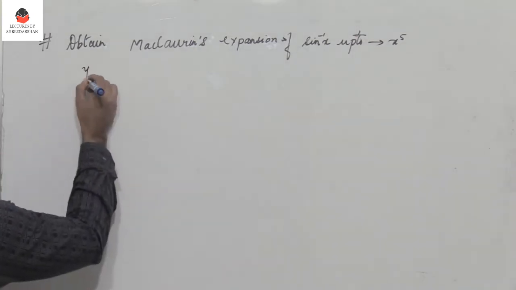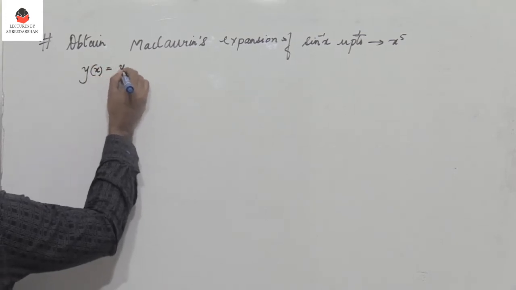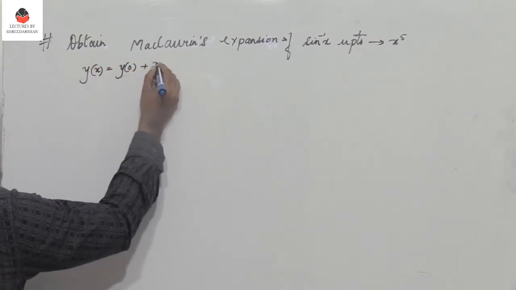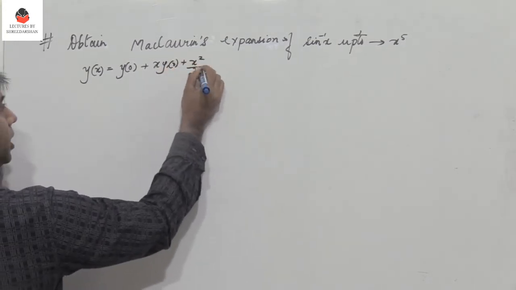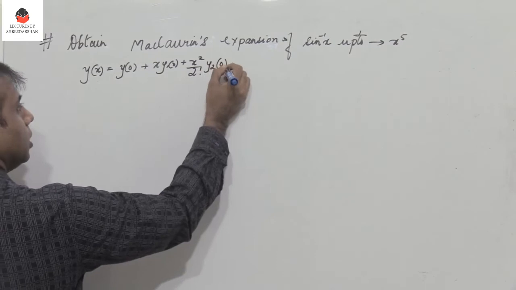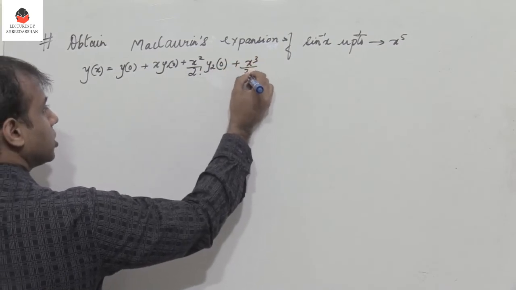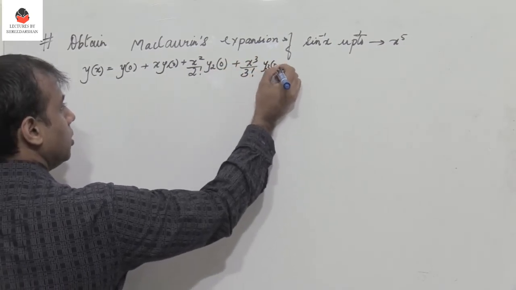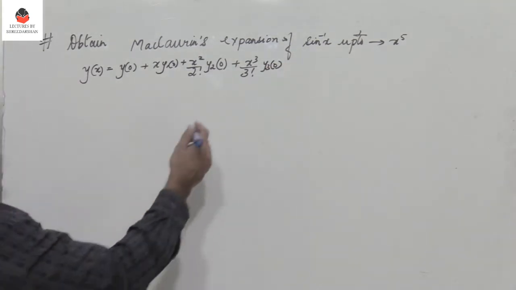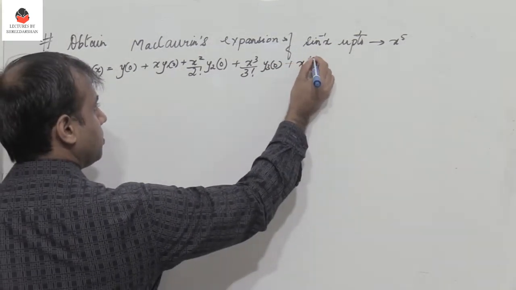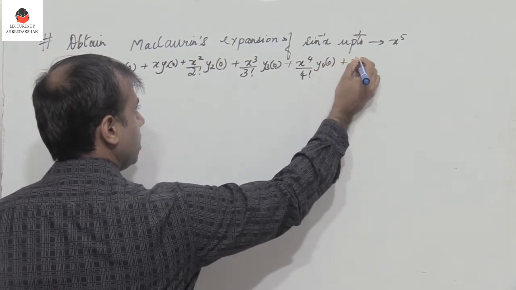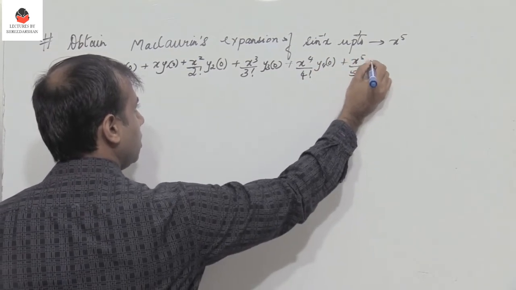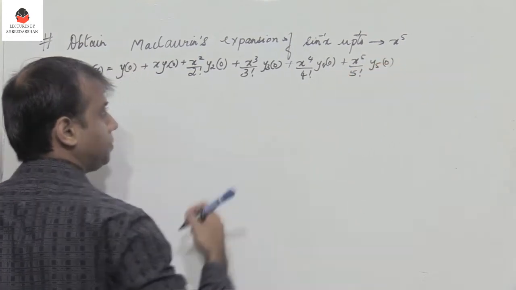So we have y of x equals y of 0 plus x y1 of 0 plus x square by 2 factorial y2 of 0 plus x cube by 3 factorial y3 of 0. So we have to go up to x power 5 plus x power 4 by 4 factorial y4 of 0 plus x power 5 by 5 factorial y5 of 0.